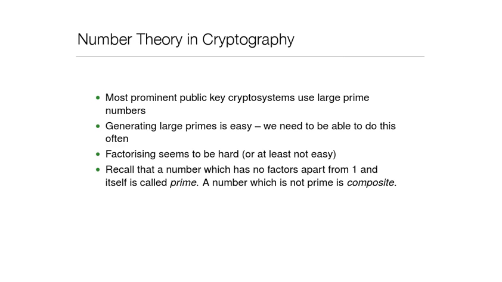If that problem is hard to solve, we can say it is difficult to break our crypto system. Factorizing seems to be hard, or at least not easy. Using currently available algorithms, it is not easy to do the factorization. Factorization means that when a number is given, we have to factorize that number into parts.